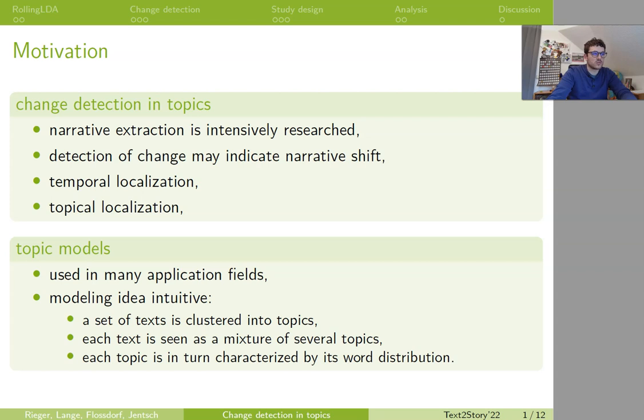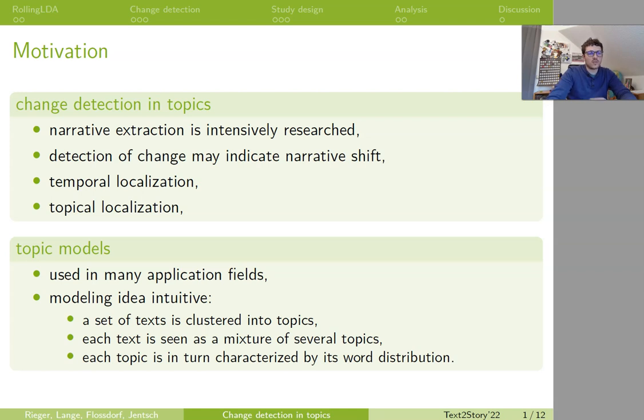example, news media coverage. So through topic models, we are first able to determine some kind of a topical localization of a narrative, the hypertopic. In the next step, we want to determine the lifespan of the narrative. We can think of this as the time between narrative shifts, so between changes in the same hypertopic.